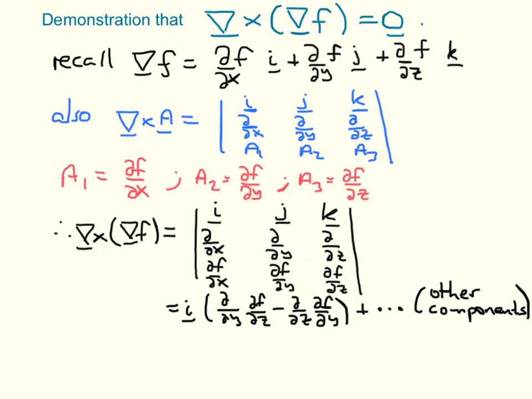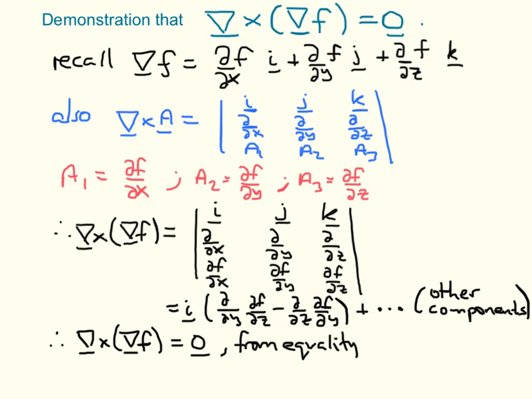So what we get is the curl of the gradient of f is going to be 0 from the equality of mixed partial derivatives.